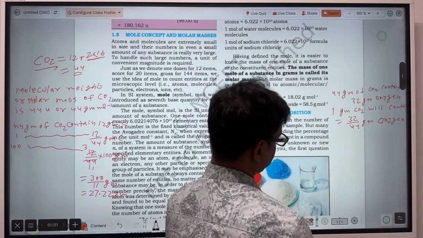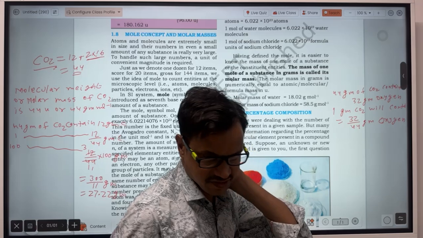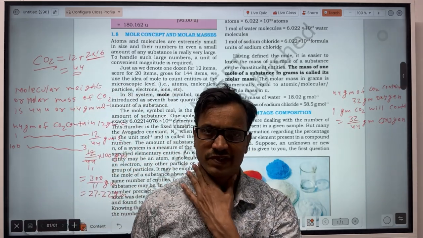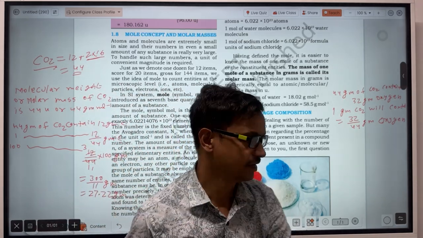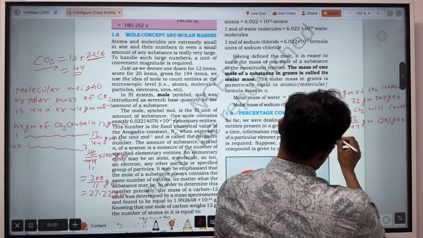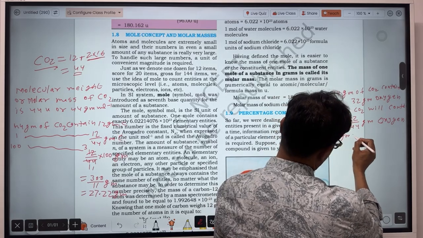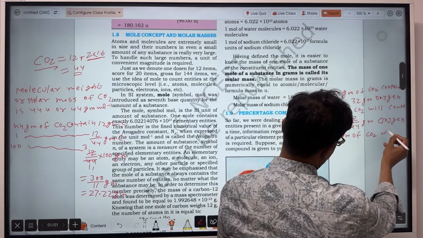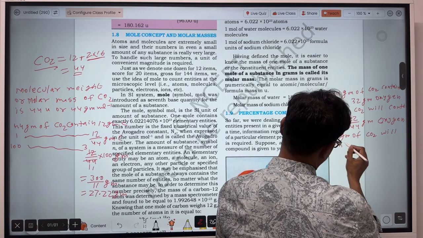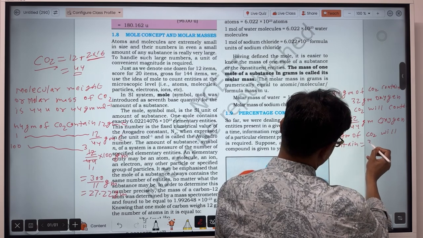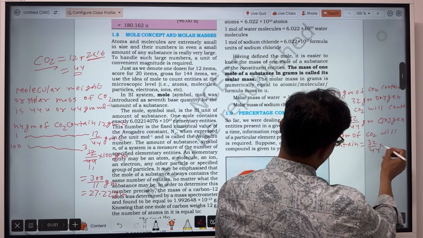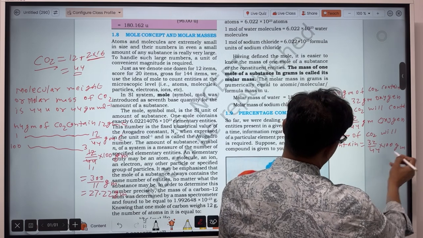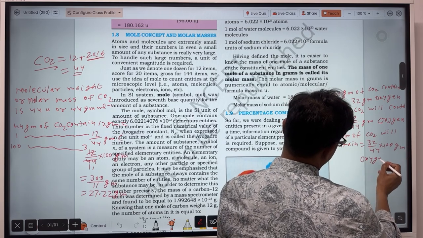And you will have to calculate the percentage composition, meaning when the total weight of CO2 is 100, then what will it be? So 100 gram of CO2 will contain how much? 32 upon 44 into 100, that much gram oxygen.